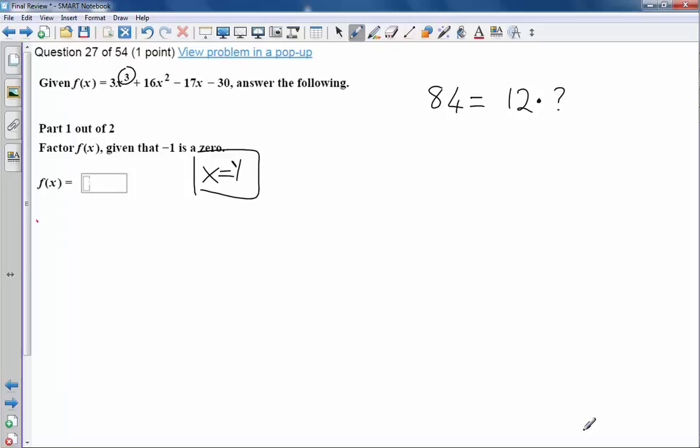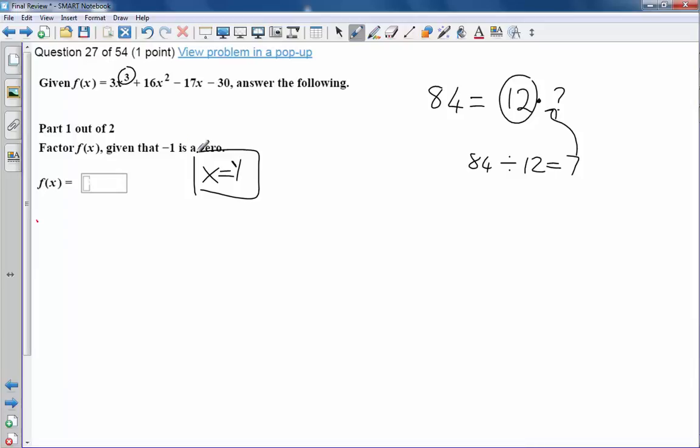Right. Divide 84 by what? By 12, right. Yes. So this is what's given to you. You divide 84 by 12, and you get the missing piece that way. So zeros work the same way.